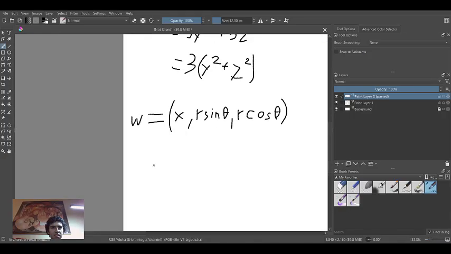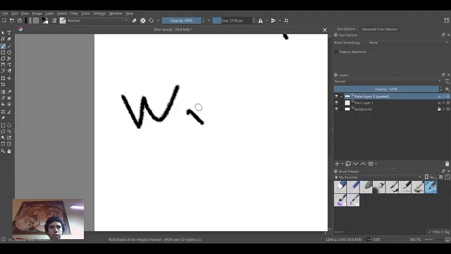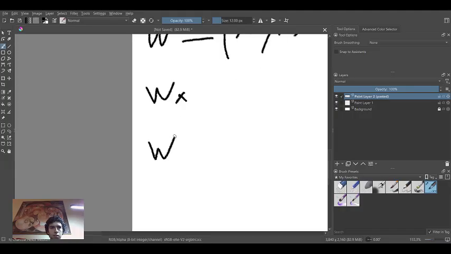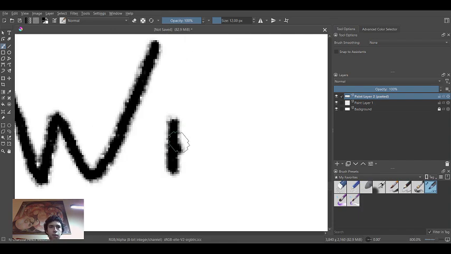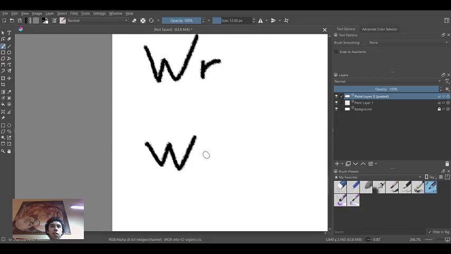And that's it. Now we're gonna do w of x, w of y, no, actually, w of the radius, and w of theta.